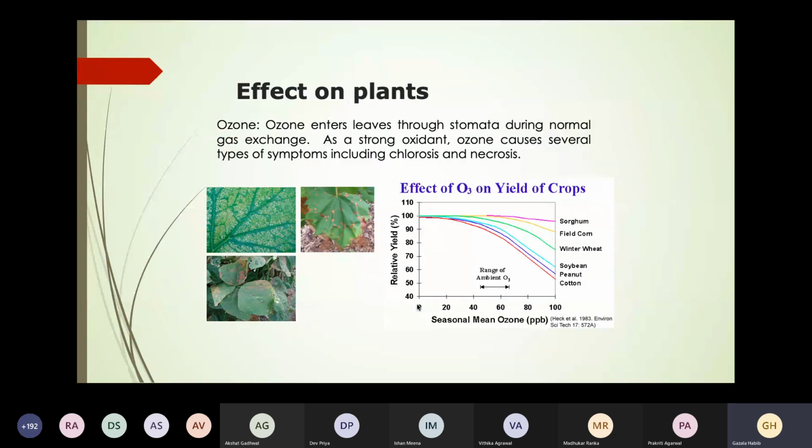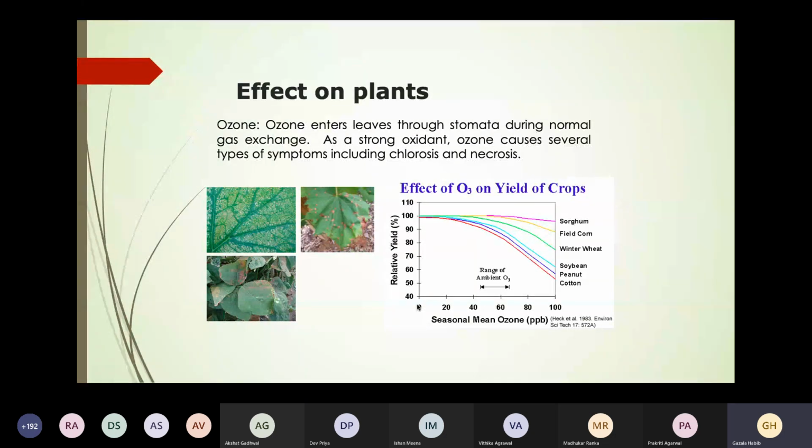So ozone is harmful for crops, a statement I mentioned last time also. Why? Because ozone enters the leaves through stomata during normal gas exchange when the leaves take CO2 from the atmosphere.